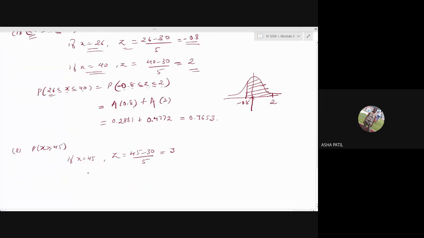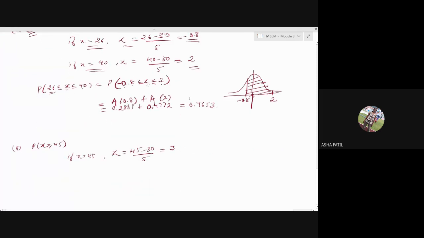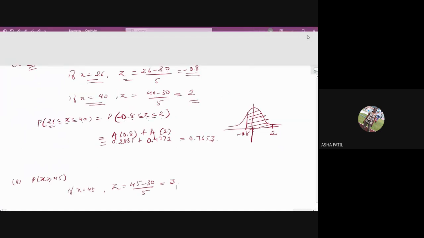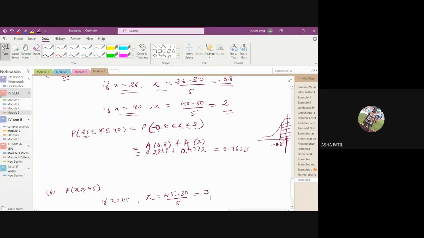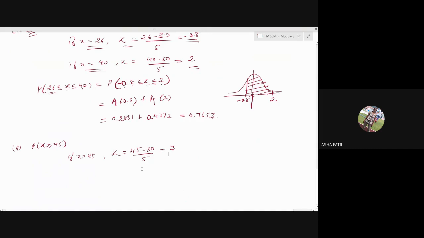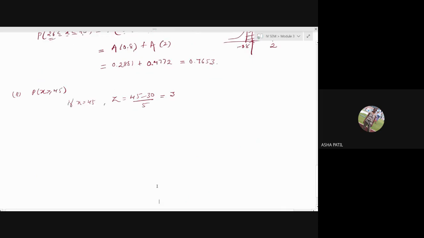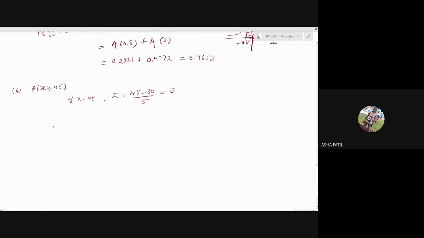So the probability that X is greater than or equal to 45 is nothing but the probability that Z is greater than or equal to 3. Instead of X, we'll write Z. If X is 45, Z will take the value 3.